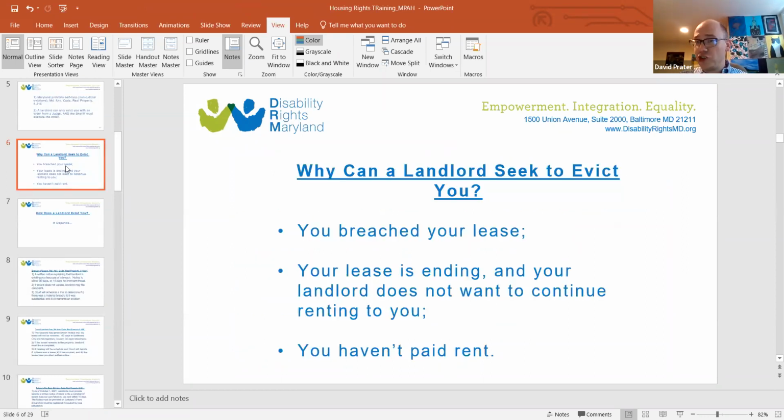You've breached a term of your lease, your lease is ending, or you haven't paid rent. So unless there's some lease term requiring the tenant to do something, the tenant doesn't have to do it. But the landlord may decide, hey, you're not being very cooperative, so at the end of this lease term, I'm not going to renew your lease.